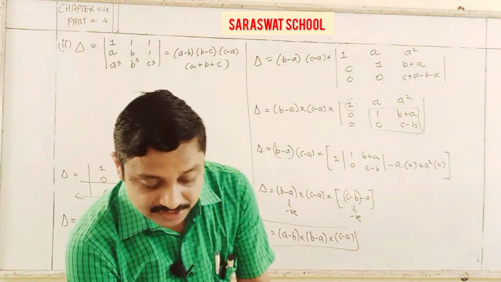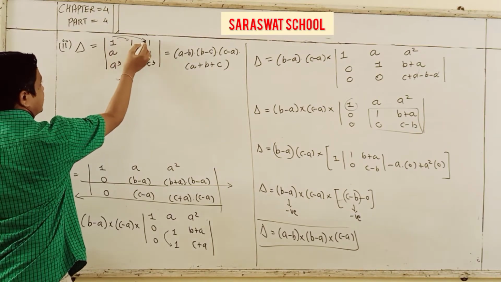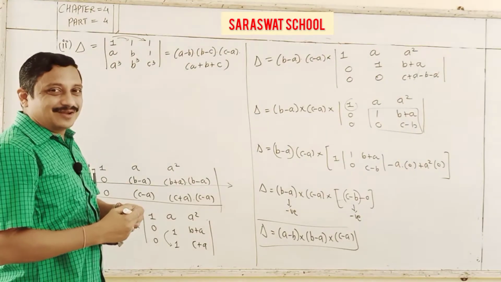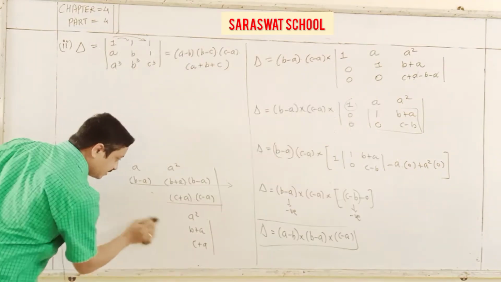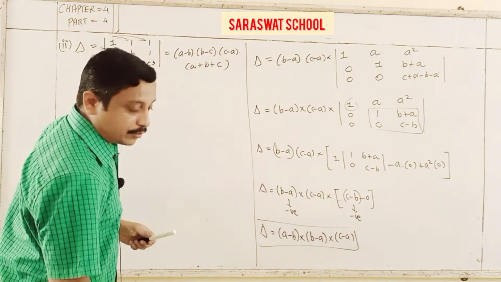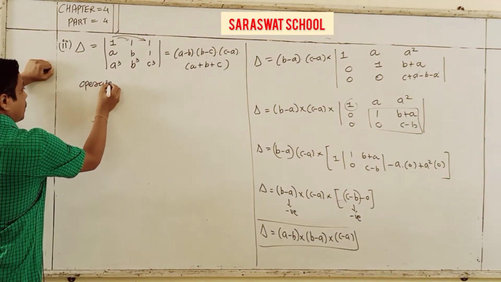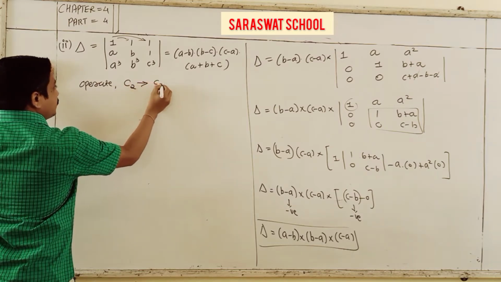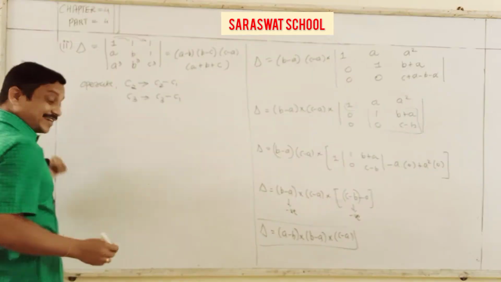Here also I create first zeros. It means this minus this is 0 and this minus this is 0. First column subtract in second and third column respectively. So my operating first, column number 2 changes in first, and column number 3 changes in first, again minus.